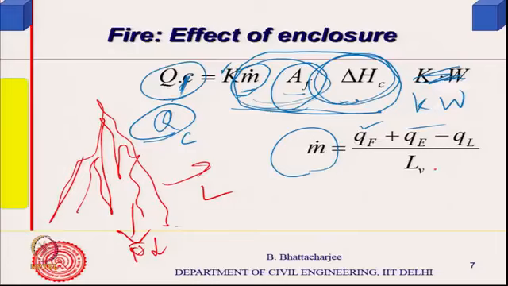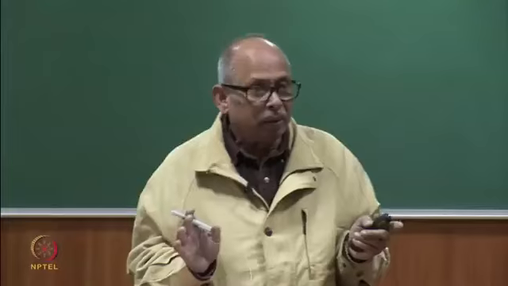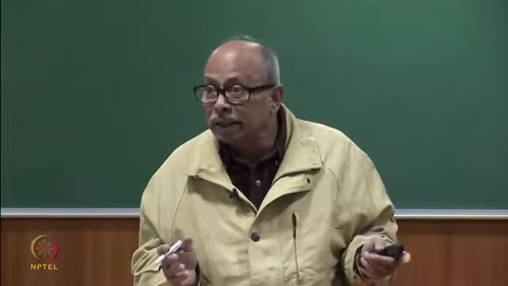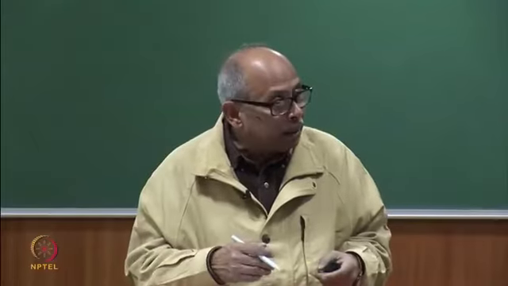QF is the amount of heat generated by the fuel, and there is radiation back if it is coming from the surroundings. For example, I said if there is a wall or ceiling, it will get heated up, the gases will heat up, and they will supply the heat.